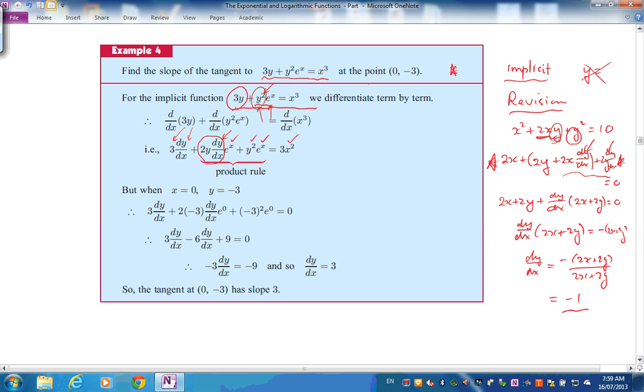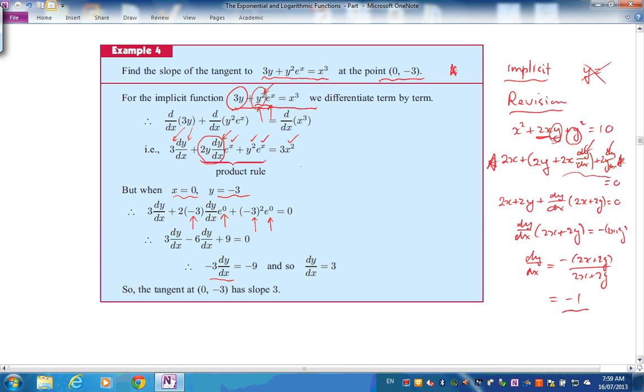So it says find the slope of the tangent at a particular point. Now we're going to stick in x is 0 and y is negative 3. If you do all of that, we can put in here 2y, there's y, e to the 0, just subbing in the numbers for x and y, and then rearranging it at the end.